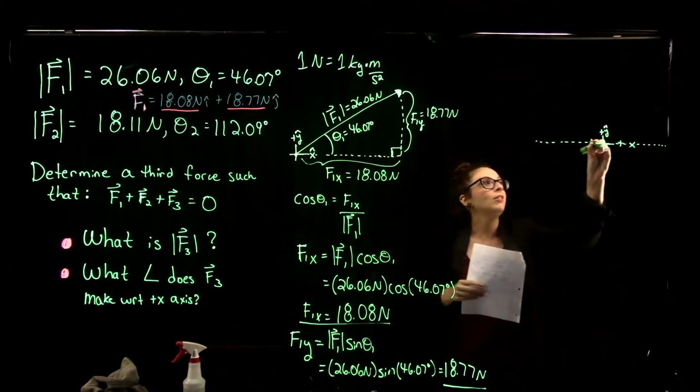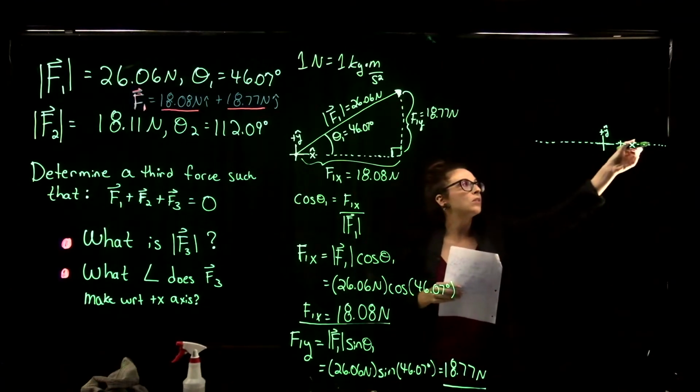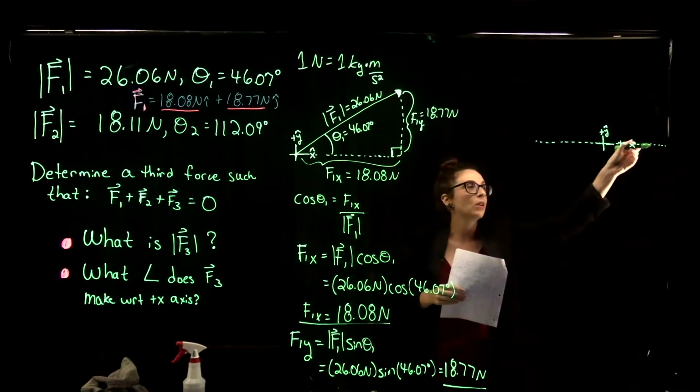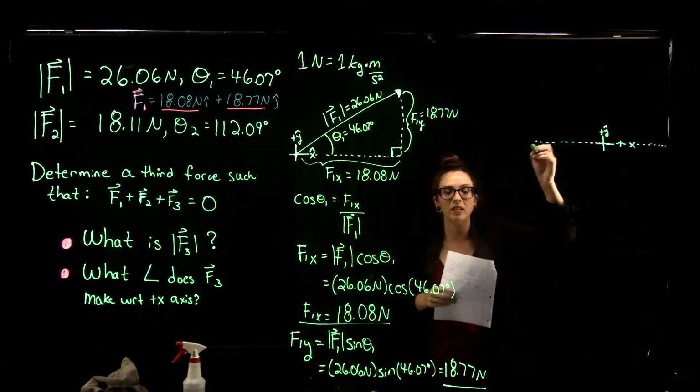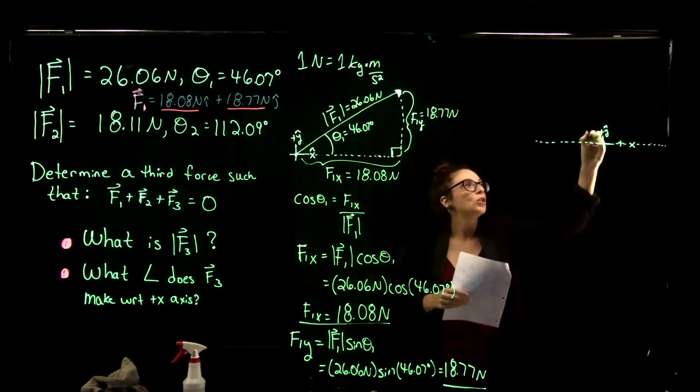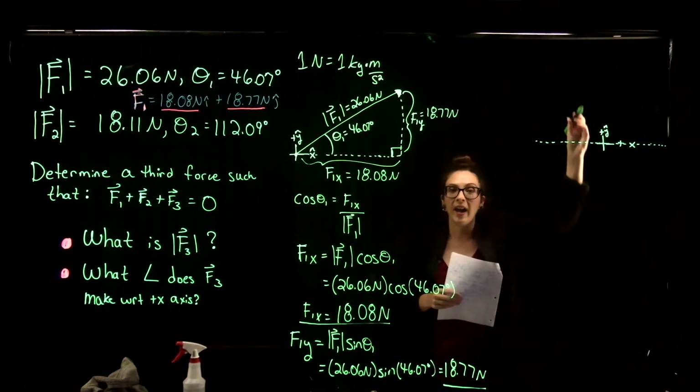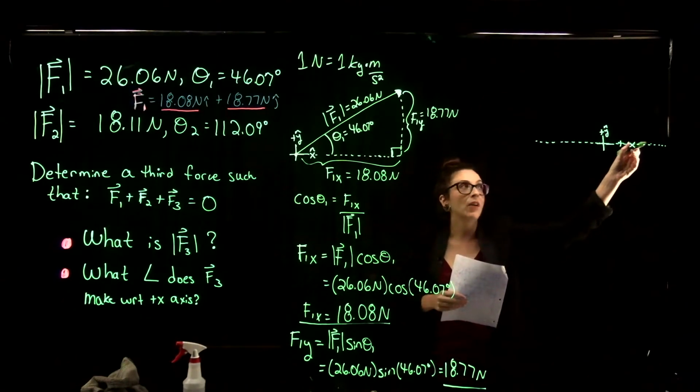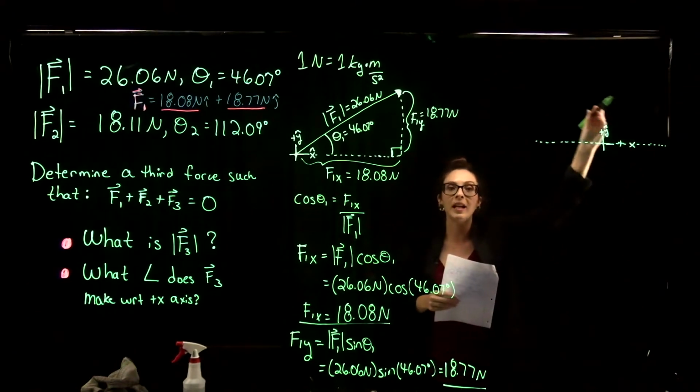Remember from geometry that if you start here on the positive x-axis and go all the way over to the negative x-axis, that would be 180 degrees. Straight up along the y-axis, from the positive x to the positive y-axis, that would be 90 degrees.